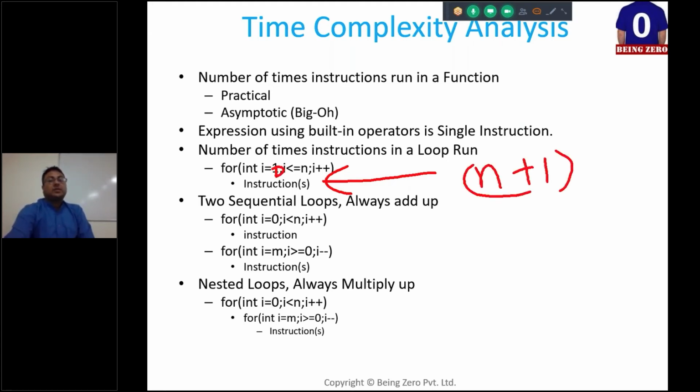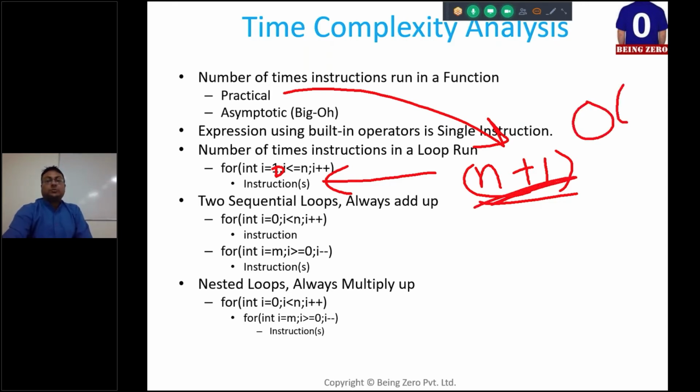When I say practical time complexity, we do the proper calculation of exactly how many times it runs. Asymptotic says n + 1, reduce it to n. Remove the plus 1 and all; we don't care about it. It's like if some item is 1001 rupees, we say okay, it is 1000 only. That's the asymptotic thing that comes into play. Practically you count even single instructions; asymptotically you leave that low-order bit out.